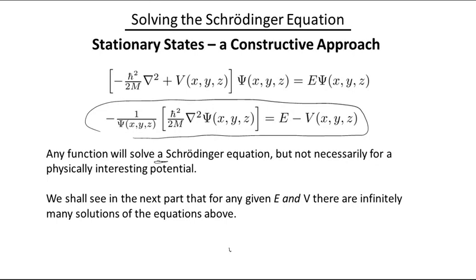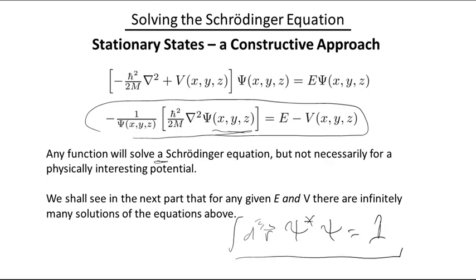For example, in 3 dimensions, the integral d cubed r psi star psi has got to be equal to 1 for a stationary state. The net probability of the particle being in the presence of the potential must always be unity, and so there are lots of choices of wave function here which cannot possibly be brought into this form. But let's go find some useful ones.